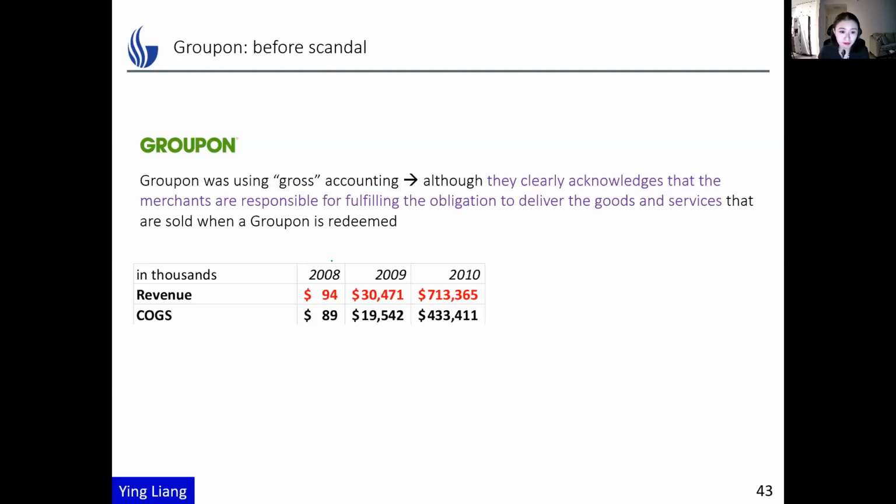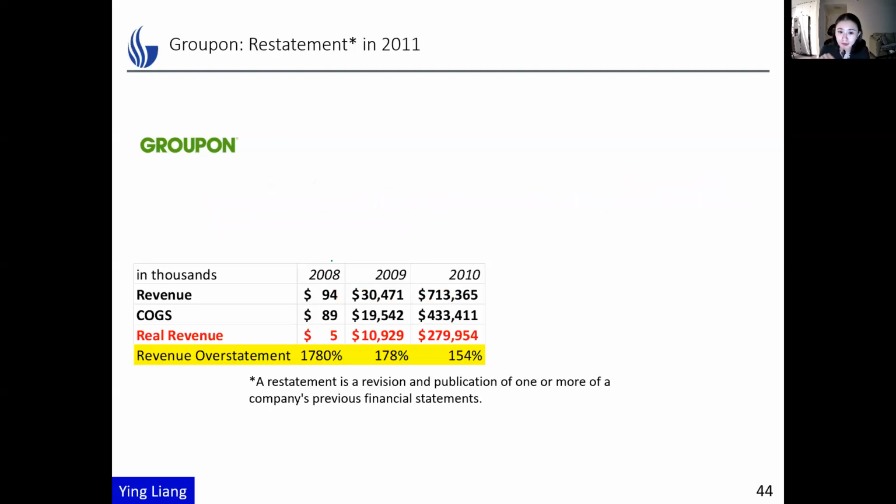They looked it up, and they found out this is inconsistent with what you said. You say you are not responsible for the obligation, so you are an agent, a middleman. So you should use net accounting. That's why the SEC asked Groupon to have a restatement. After the restatement, the red line is the real revenue they report. It is simply the subtraction of costs from revenue on the black line.